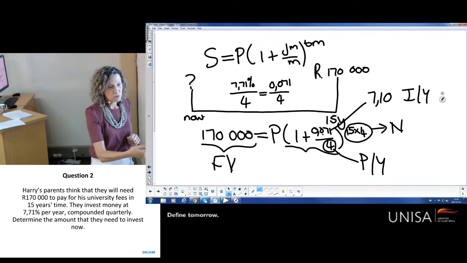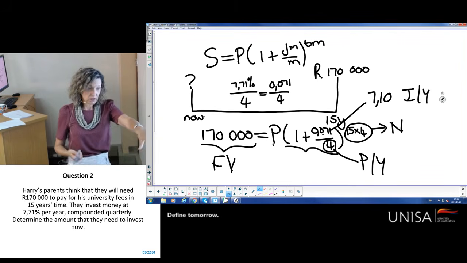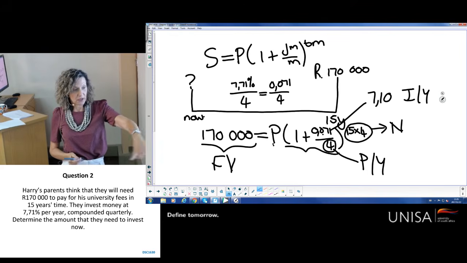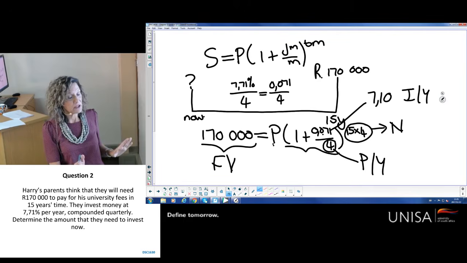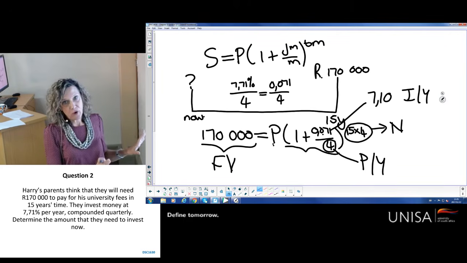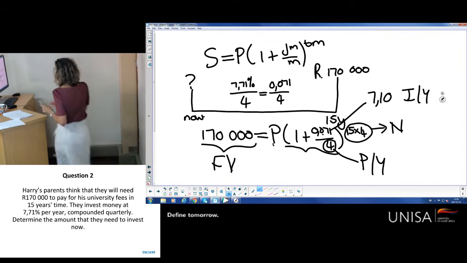Last thing that you would press is either compute your P value, your present value, or just, in the case of the HP calculator, just present value. Right. So it's very easy, if you've got the financial calculator, to solve a problem like this without manipulating the formula.